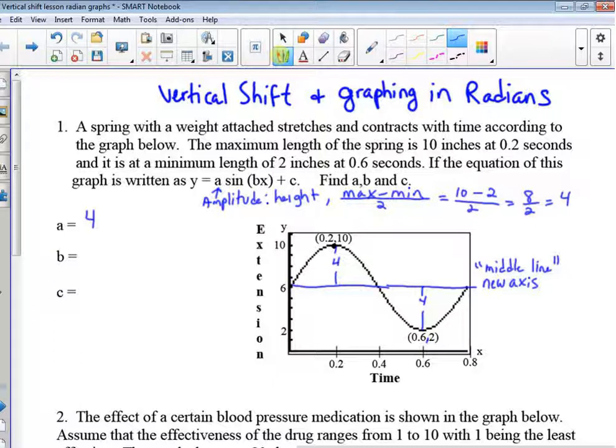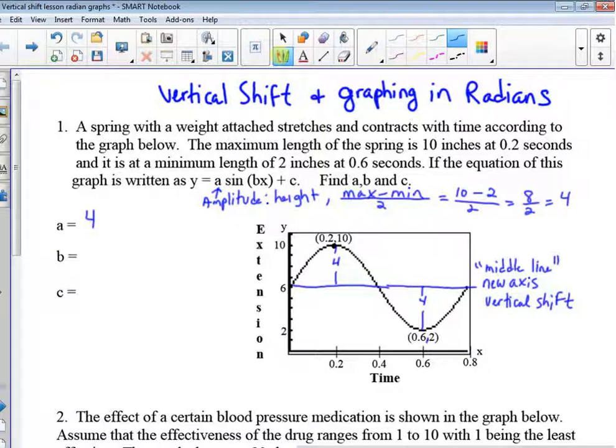Well, how would we get that vertical shift? So that vertical shift is equal to 6, okay? But how would we get that? Well, if you look at the max, you got 4, 10, 6, 2, how would you get the 6?